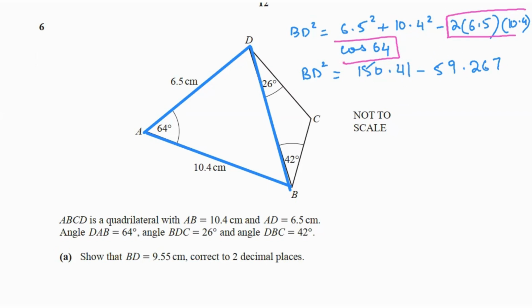That will give you an incorrect answer. Solve the product first and then subtract it from the other two. So this is going to give us the square root of 91.143, and BD is 9.55 centimeters, which is what they were asking us to show.